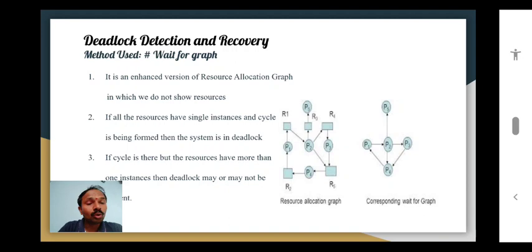So if I remove all the resources, then the resource allocation graph can be converted into a wait for graph. It is as simple as that. This is the method used for deadlock detection and recovery. Now we will move to the next concept, that is deadlock avoidance.